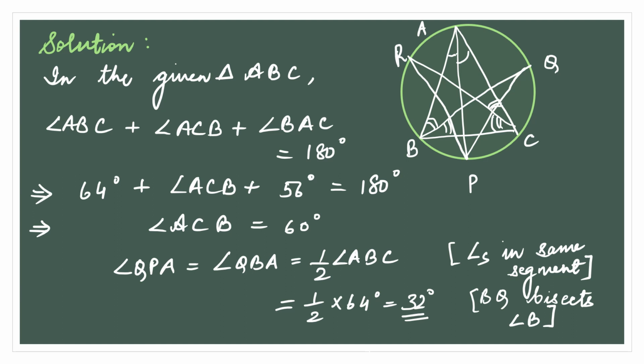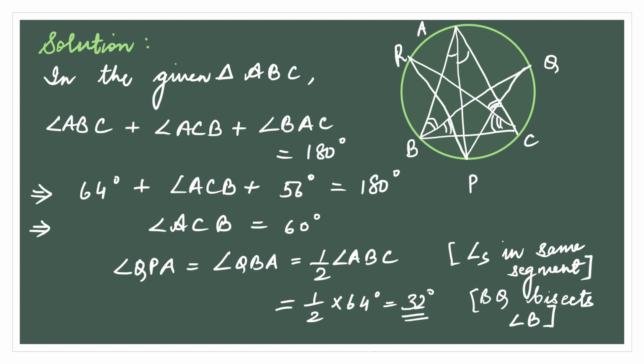AP bisects angle A, BQ bisects angle B, and CR bisects angle C. So this angle is equal to this, they are equal. The value of angle ABC is given as 64 degrees, so this angle will be 32 degrees and this angle will be 32 degrees. Angle A is equal to 56 degrees, so this is 28 and this is 28.